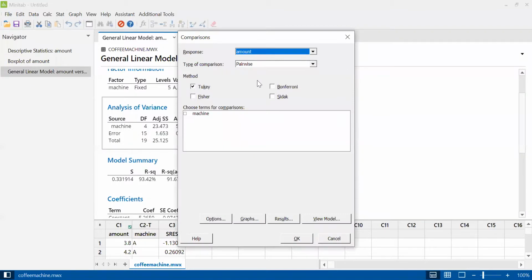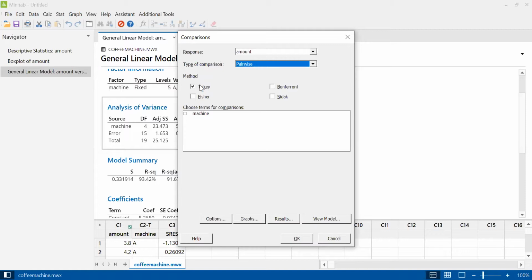So I need to give Minitab the information, but it will have most of it filled in for us because I already asked it to fit the model, and that's it. So I already told Minitab what my response variable was and what my factor is. So right here, my response variable is the amount. That is correct. And then the type of comparison right here, I want to keep it on that pairwise.